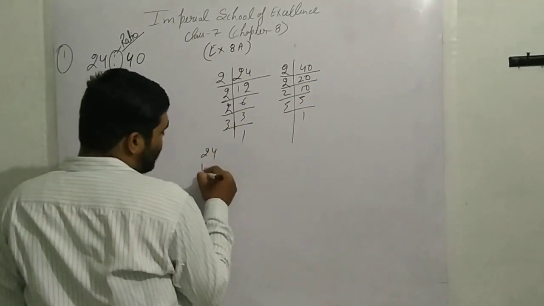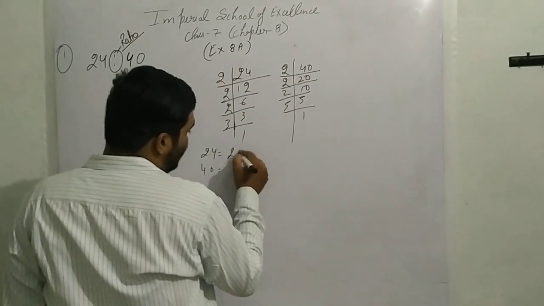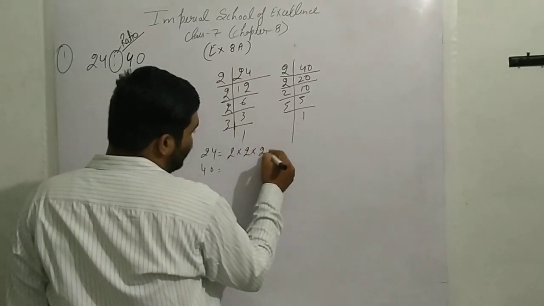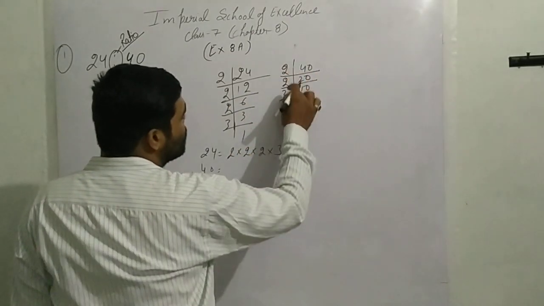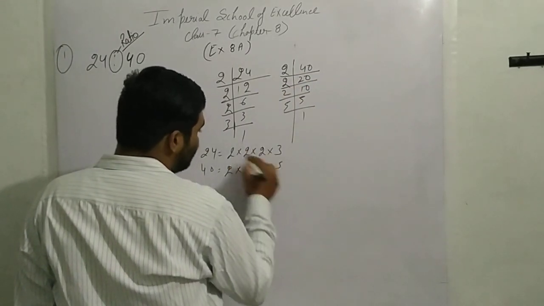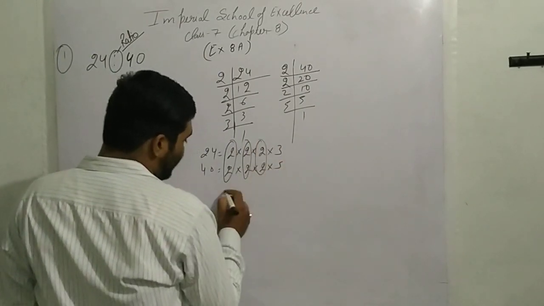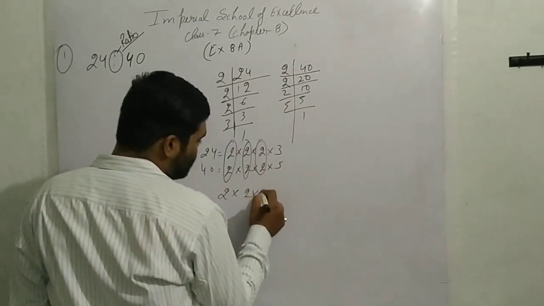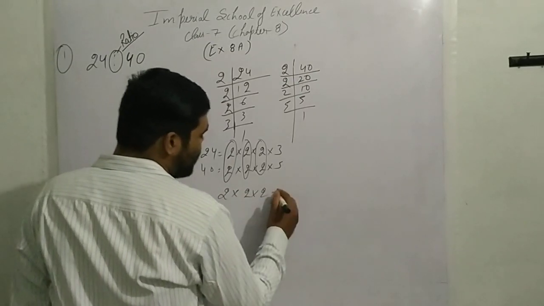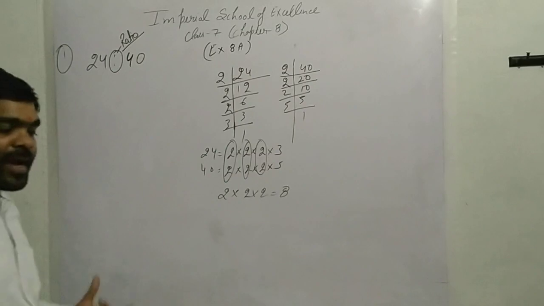Right, here 24 and 40. Common factors: 2, 2, 2, so 2 2s are 4, 4 2s are 8. It means that the HCF of 24 and 40 is 8.